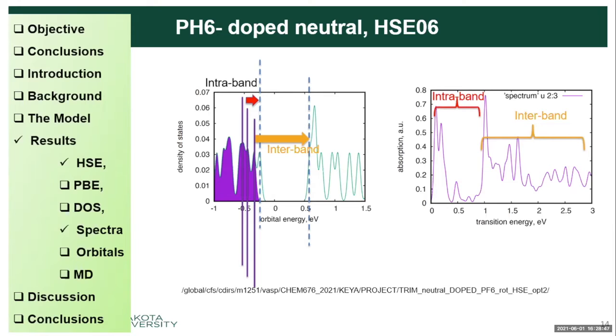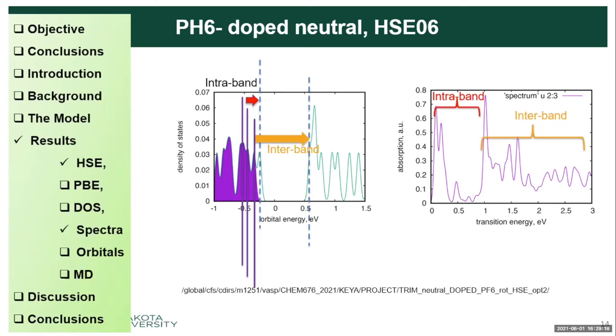In the unoccupied section there is also an empty orbital, we are able to see that one. So for that empty orbital, it will show two types of transition. One is intraband and another is interband.